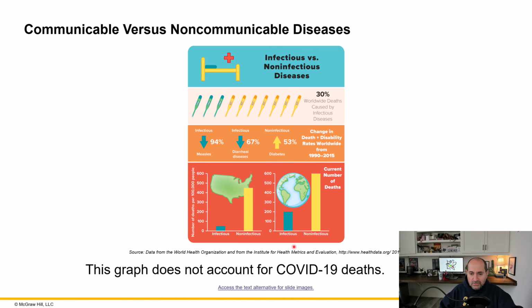If we look at the world, it's still more pronounced. Infectious disease still accounts for many more deaths. However, you can see it's the non-infectious diseases that are predominant. And that's a good thing because it shows how far we've come in the field of microbiology to provide antibiotics, to provide vaccines, to help prevent the spread of disease from communicable diseases.